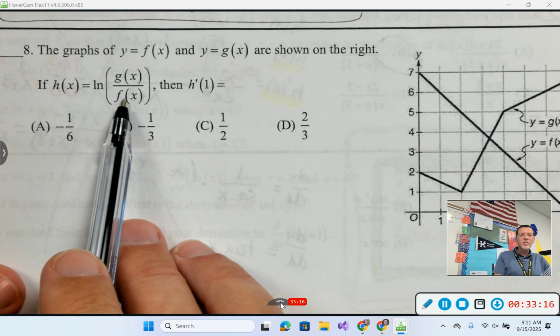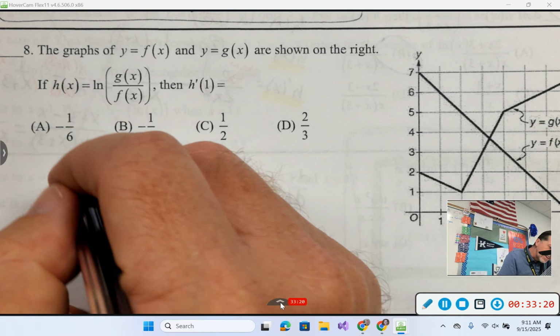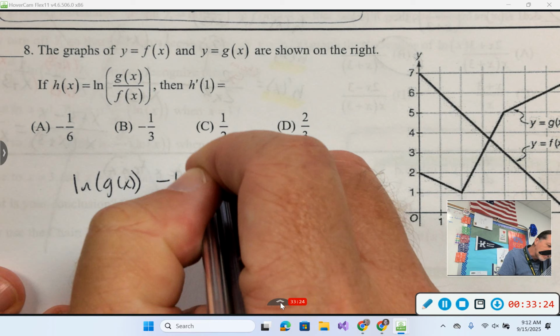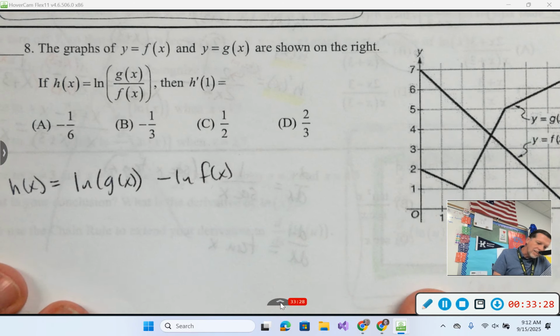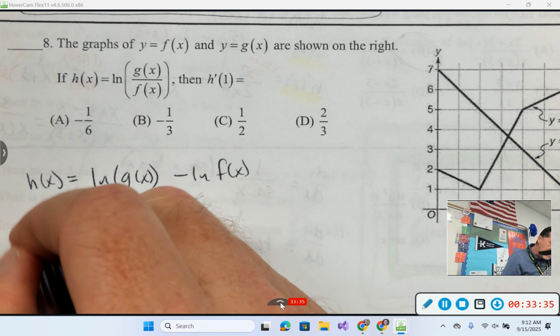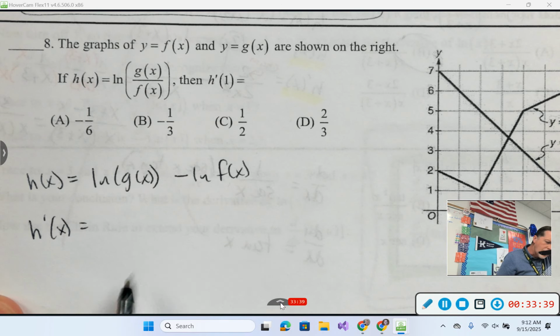What do you want to do first on number 8? Separate those. Natural log of g of x minus natural log of f of x. That's not calculus, but it's going to make my calculus a lot easier. Ooh.